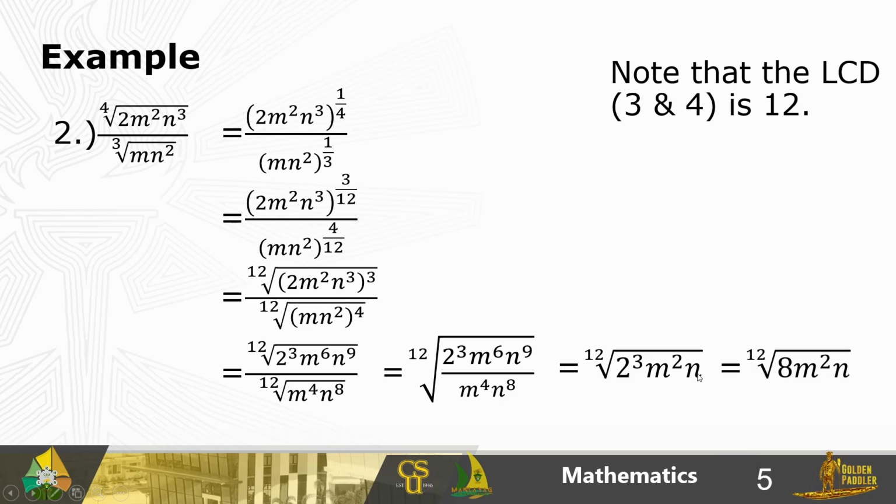That's the final answer, where we simplify 2 to the cube to 8, so we have 8m squared n. That's it. Thank you for listening. See you in the next video for our additional examples on operations on different indices.